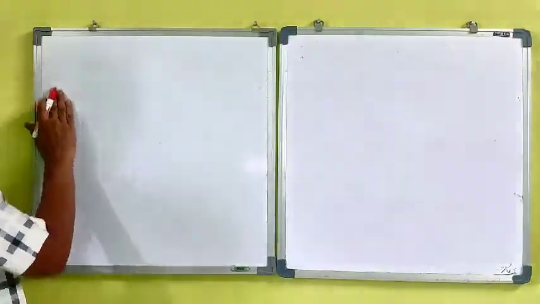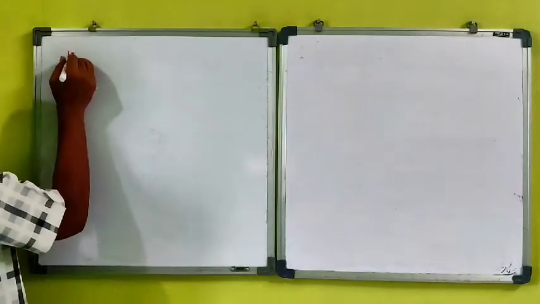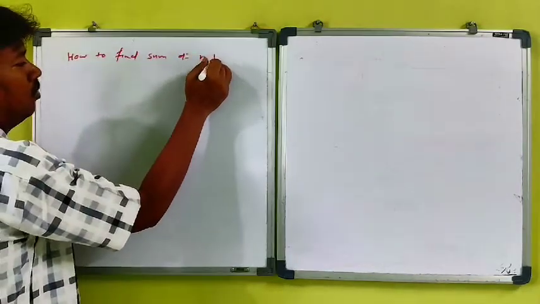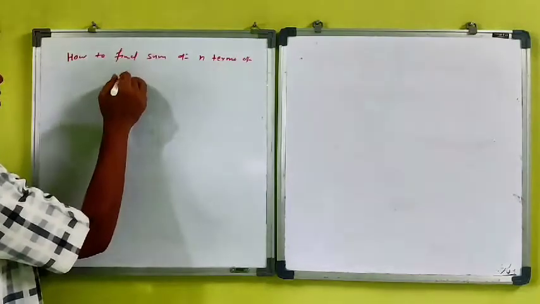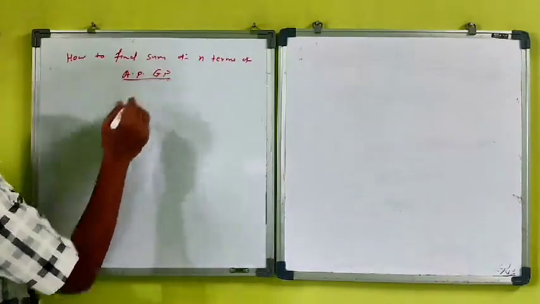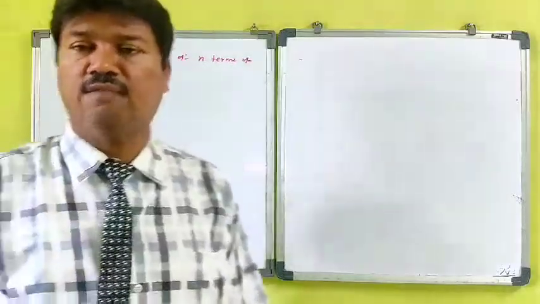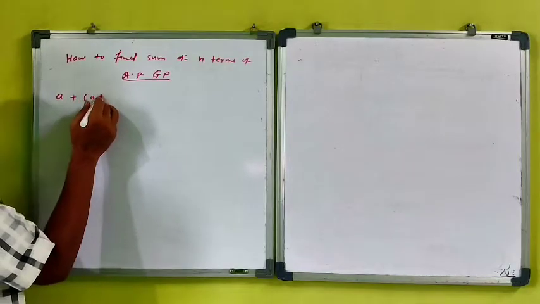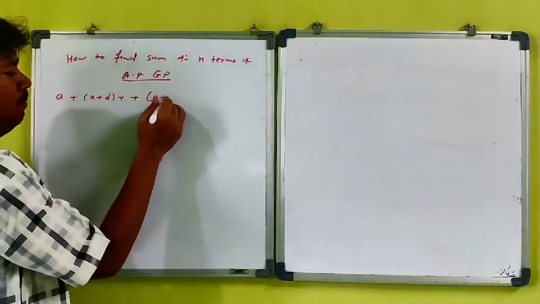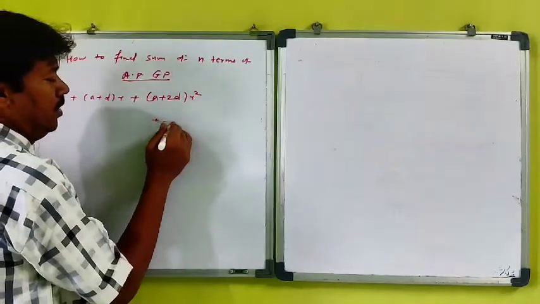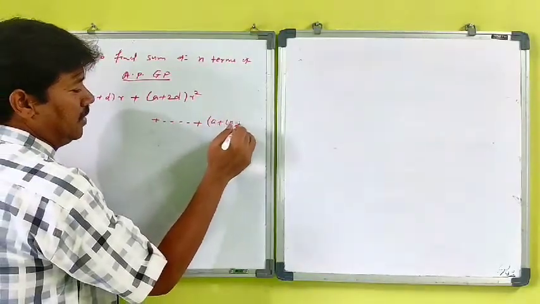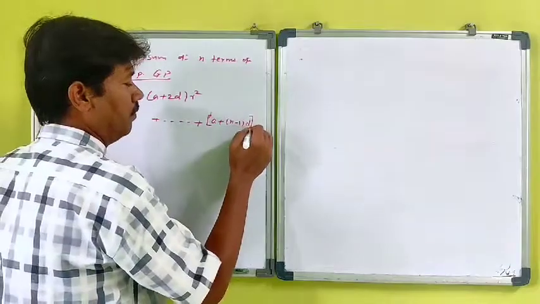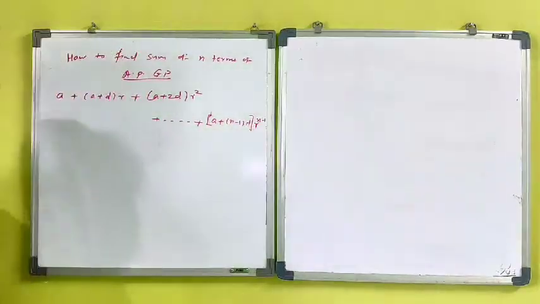Consider an AP-GP having n number of terms as A, next (A plus D) into R, (A plus 2D) into R square, like this, (A plus (N minus 1)D) into R raised to N minus 1.